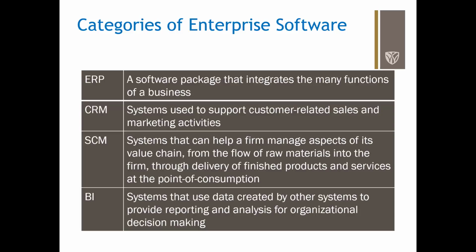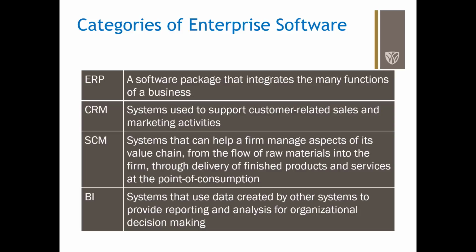CRM stands for Customer Relationship Management. These are systems used to support sales and marketing activities. So it might, for example, allow a salesperson to record interactions that they have with a customer, the customer complaints, the customer orders, that sort of thing. Supply chain management are systems that basically track process of products through from, say, receiving them from our suppliers all the way through to delivering them to our customers, or it could be services that are also in process.